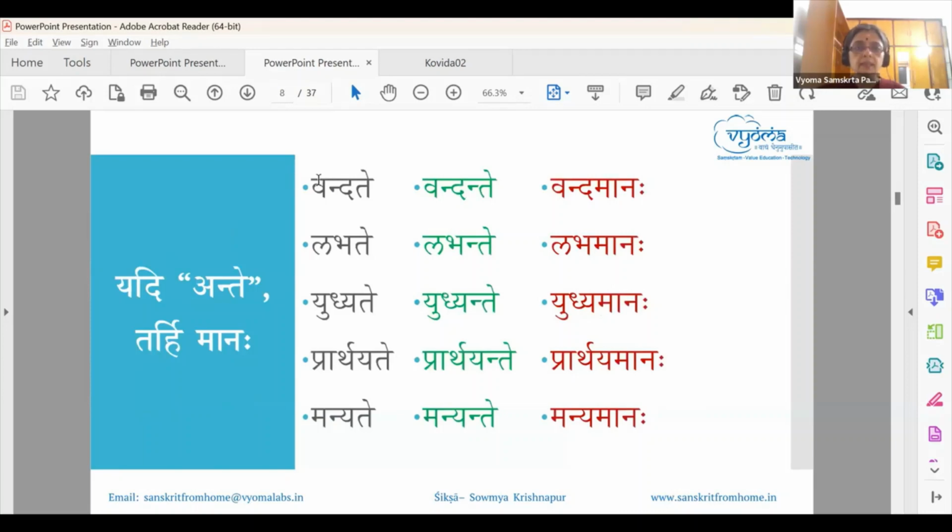So you see the lat lakara forms. Vandate, you hear an ate, isn't it? Vandate, labhate, yudhyate, prarthayate, manyate. So wherever you hear an ate, then you use the makara and say mana.